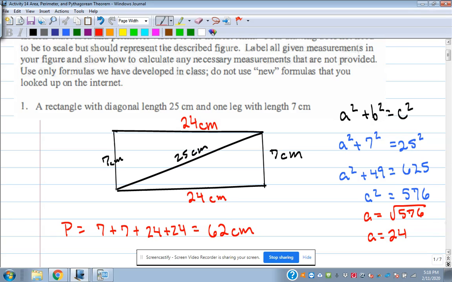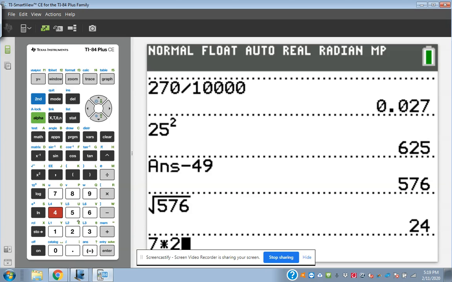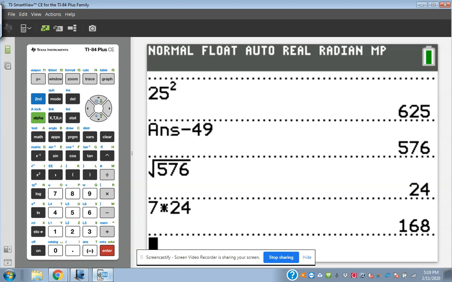There's the perimeter. And then they want us to do the area. Which ones do we use for area? The 7 and the 25 or the 7 and the 24? 24. Length and width of the rectangle. So 7 times 24 is 168.